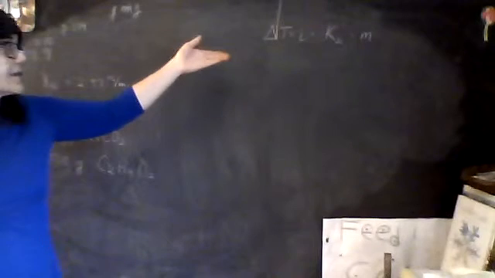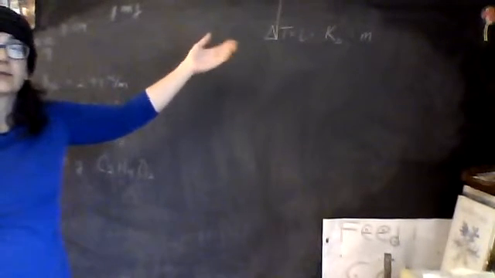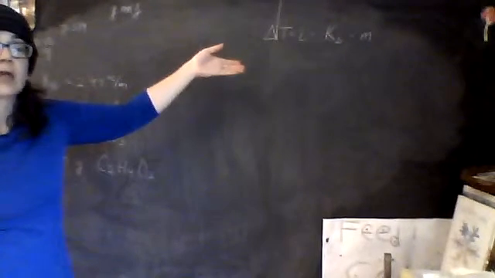So what is the new boiling point going to be? We know from the text on page 374, we see formula 11.3, which is what I wrote on the board. Delta T equals I times Kb times molality.